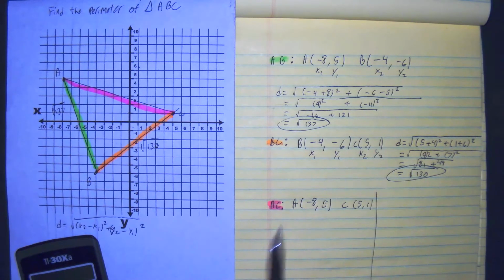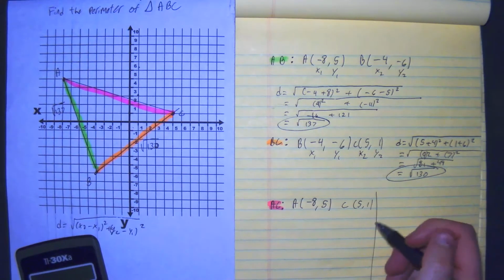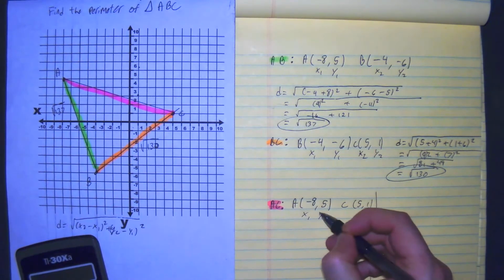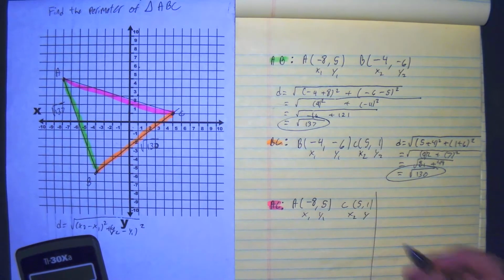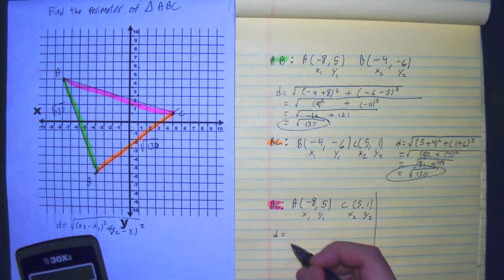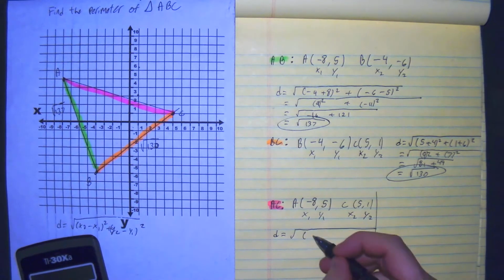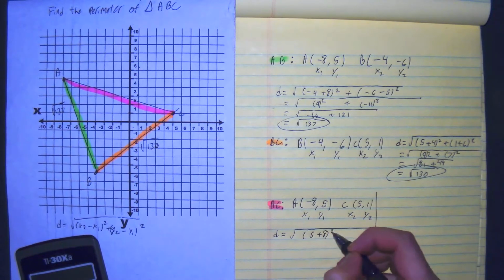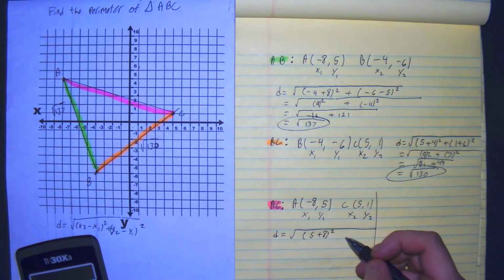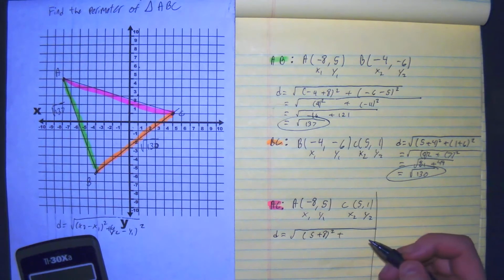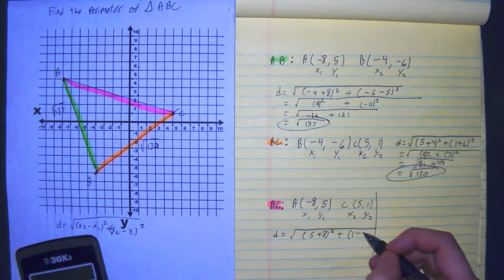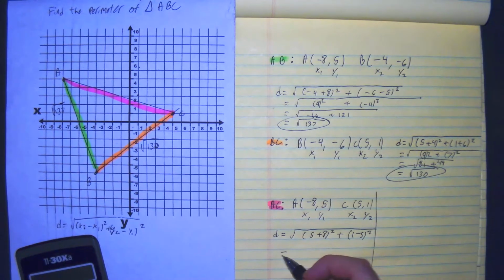And then finally we have right here, actually didn't need all that space, so x1, y1, x2, y2. D is equal to the square root of (5 plus 8) squared plus (1 minus 5) squared, which is equal to the square root of 5 plus 8 would give us 13 squared.